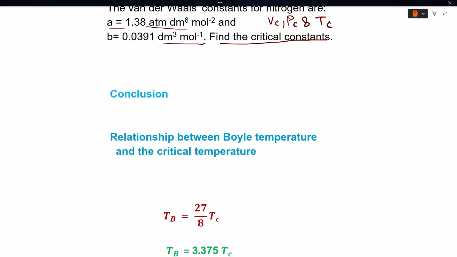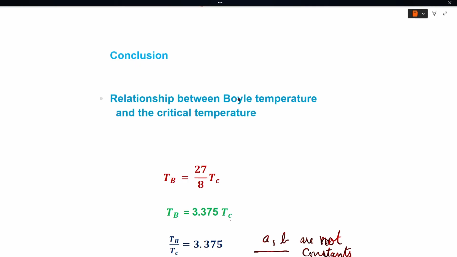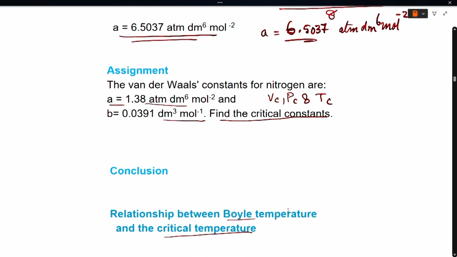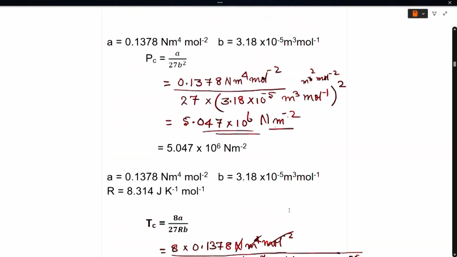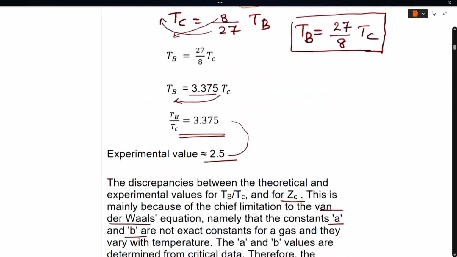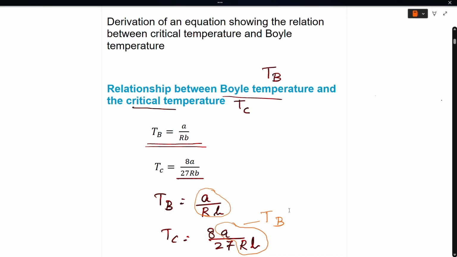Okay. To conclude, let us go through it. First, we have derived a relationship between Boyle temperature and critical temperature. You can see that Boyle temperature is given by the expression Tb is equal to A by Rb, and the critical temperature is given by the expression Tc is equal to 8A by 27 Rb.